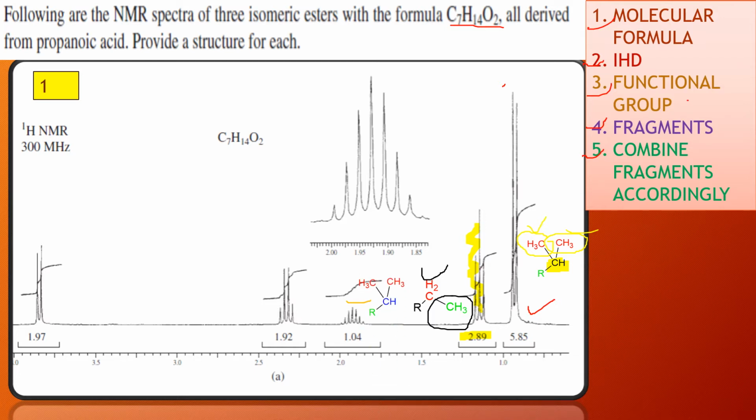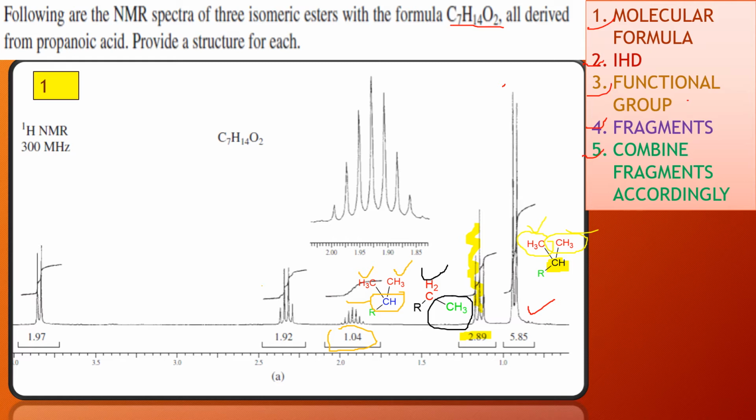You can see this carbon and the value of the integral, which is around 1, which means that this one proton is giving us a multiplet. Why? Because there are 6 hydrogens at the adjacent carbons. So 6 plus 1 is 7, so we can say that it is a multiplet.